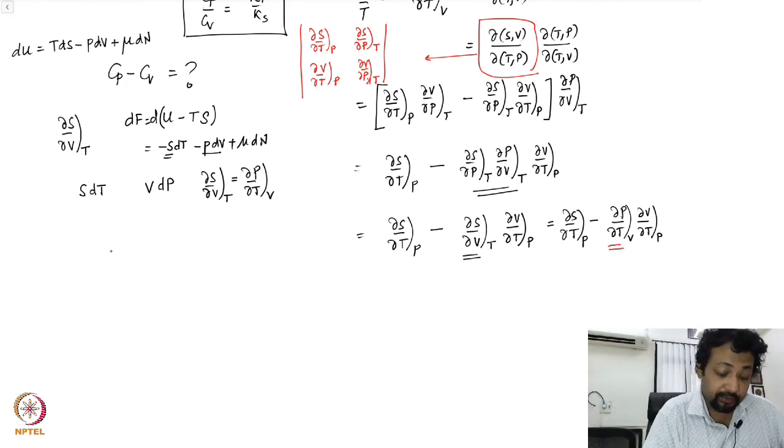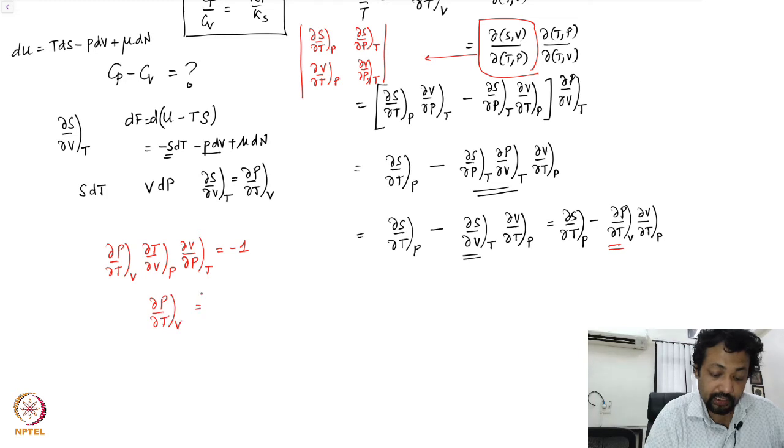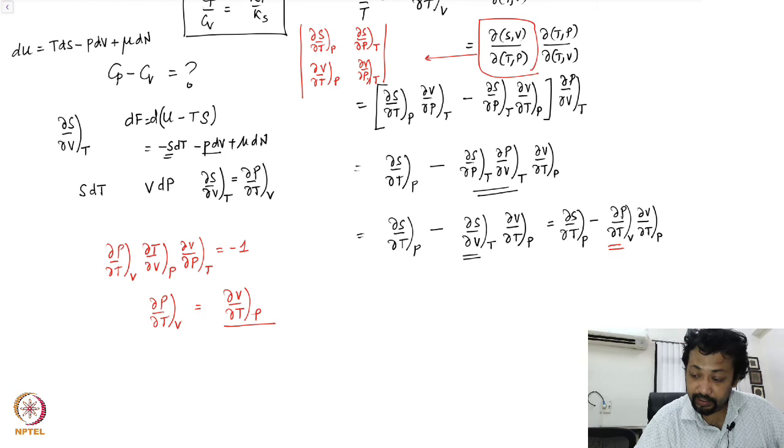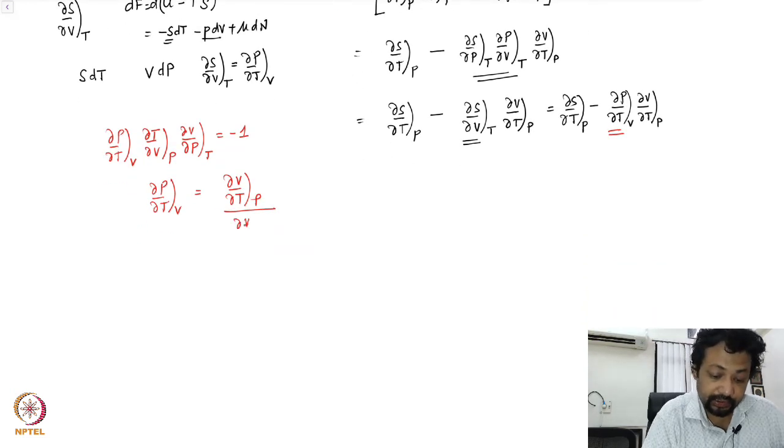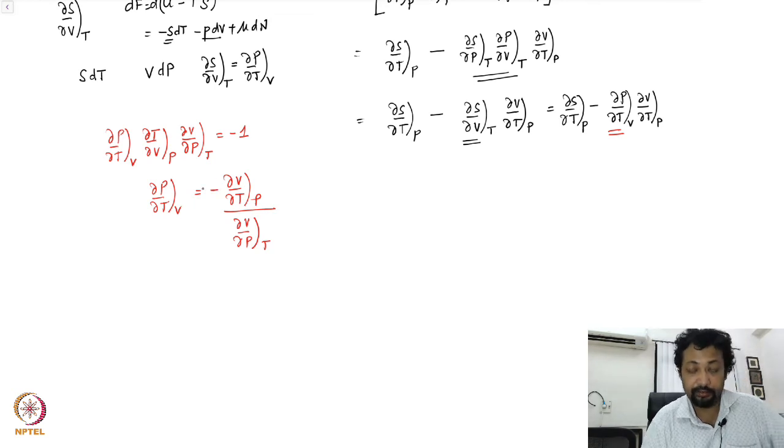But then let's apply the cyclic rule. Del P del T volume constant, del T del V pressure constant, del V del P temperature constant is minus 1. So del P del T volume constant is del V del T pressure constant divided by del V del P temperature constant with a minus sign in front.